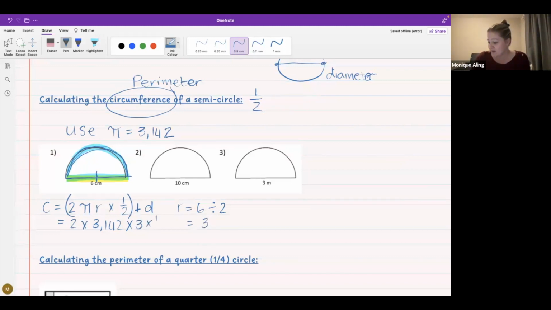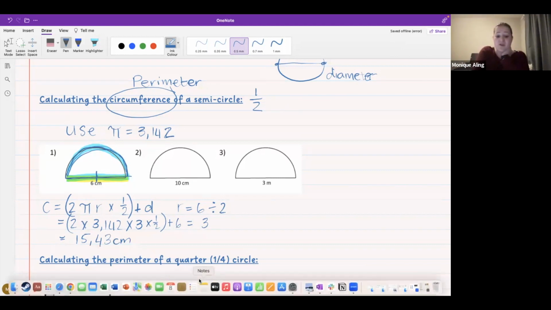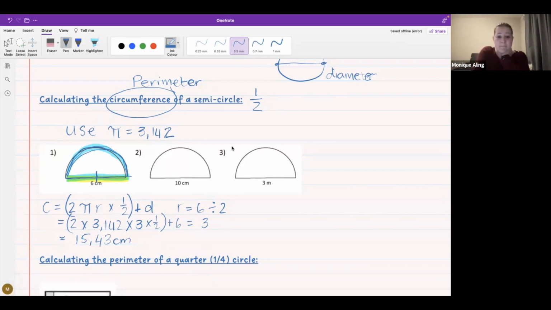Okay, times by half, and I add the diameter, which is 6. That gives us an answer of 15,43 centimeters. So our units are just normal. There's no squared or cubed involved. It is just the perimeter, so just the outline.